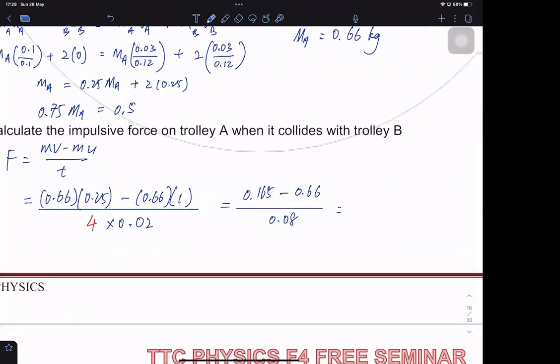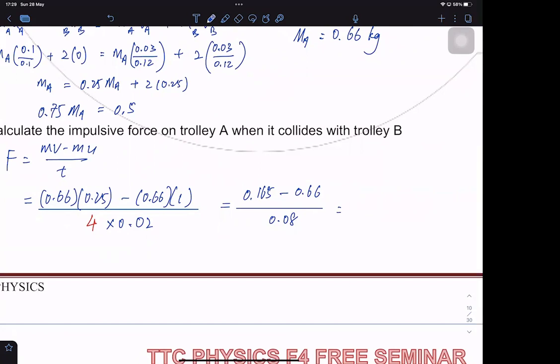You calculate this, it's going to be a negative number again. But a negative number is okay, because force can be positive or negative. The positive and negative on the force is just which direction only, push or pull only.